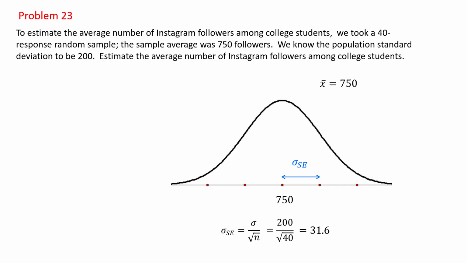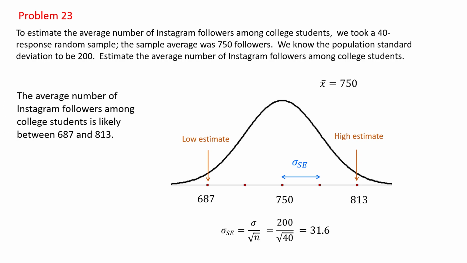So if I take 750 and I add 31.6 twice, I'll get the high estimate. 750 plus 31.6 plus 31.6 is about 813. I'm rounding to three figures, of course. Likewise, the low estimate comes from taking the 750 and subtracting the standard deviation twice. That works out to about 687, leading us to the conclusion that the number of Instagram followers is somewhere between those two numbers.